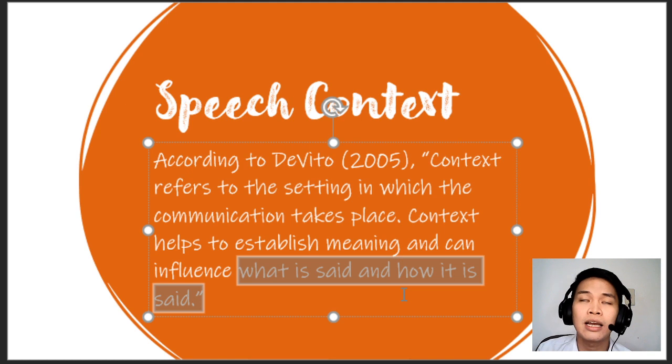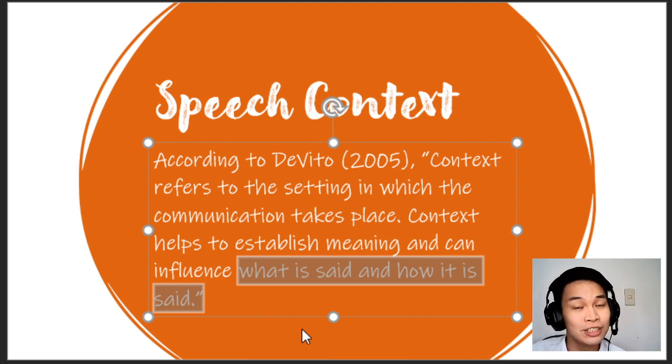It's very important for us to know the different speech contexts so we can communicate appropriately, because it's going to be different when you are talking to a friend as compared to talking to the public. It's also different when you are just talking to yourself and you're about to post something online. So those things are all different.